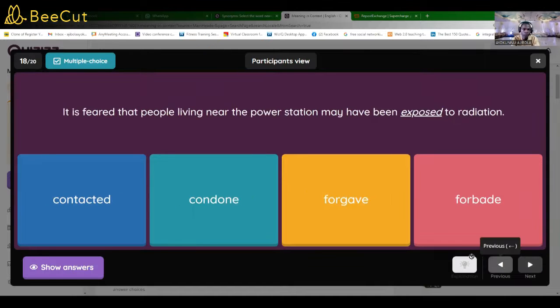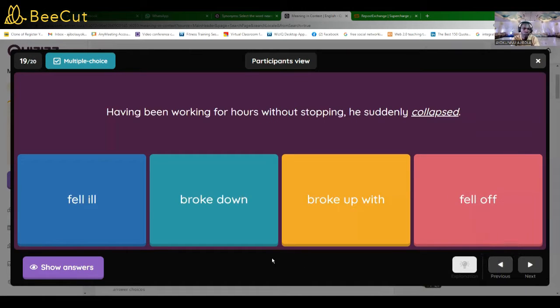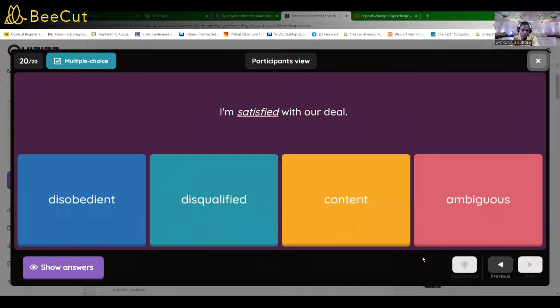It is feared that people living near the power station may have been exposed to radiation. Exposed simply means contacted something. Having been working for hours without stopping, he suddenly collapsed. Collapsed means fell in. And the last one: unsatisfied with your deal. The word that means the same as satisfied there is content.